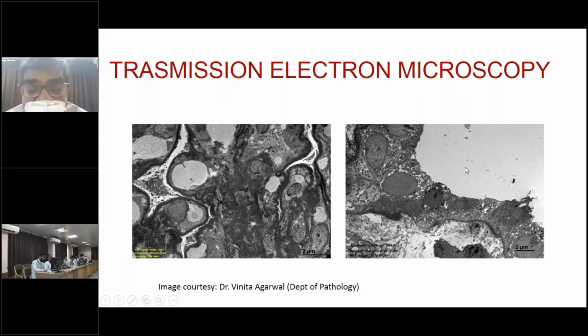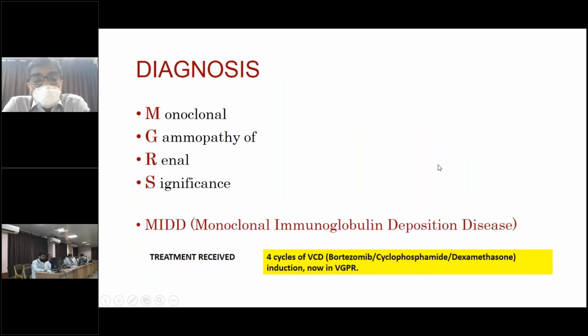This helped us clinch the diagnosis of a monoclonal immunoglobulin deposition disease, or MIDD, which fits into the umbrella term of monoclonal gammopathies of renal significance. Thus, it's important to note that an investigation like a serum free light chain and then subsequently a biopsy helped us clinch the diagnosis in this otherwise complex case.